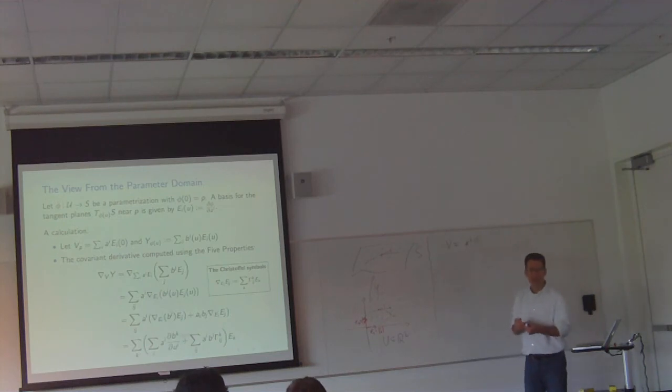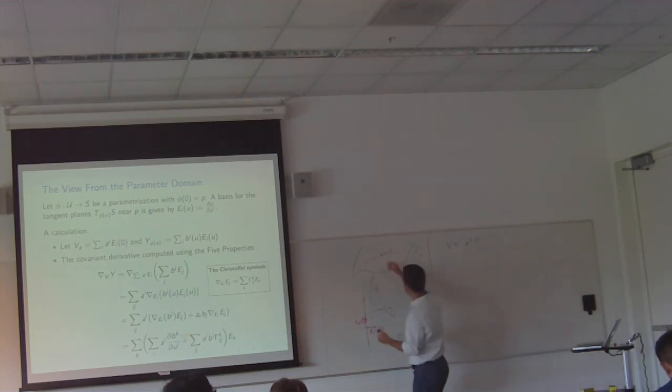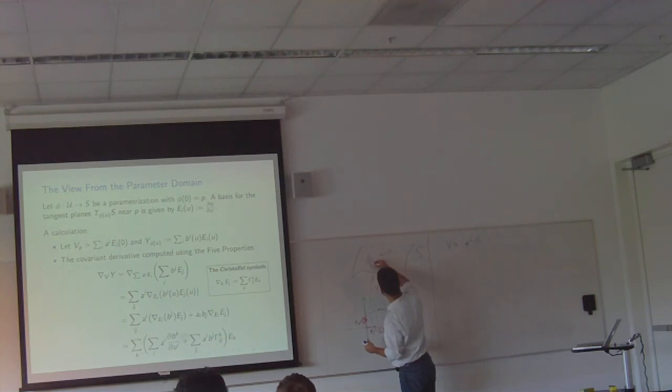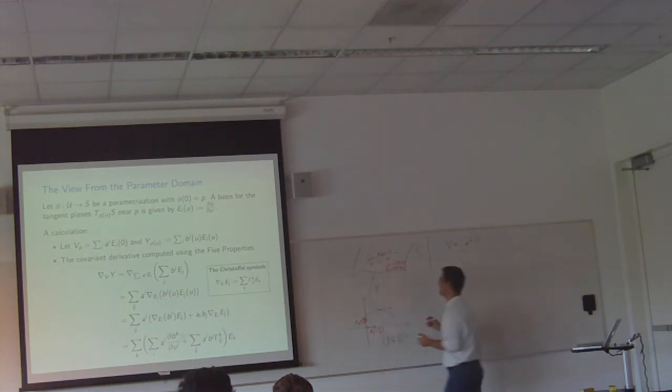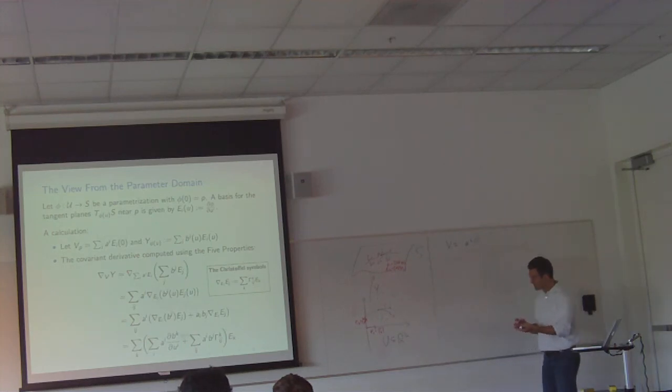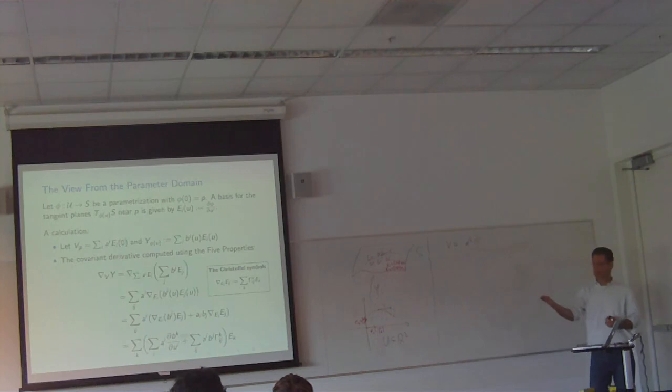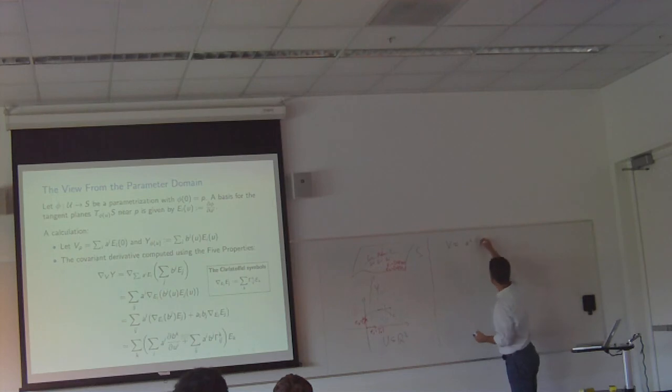These are the standard basis vectors in the parameterization, and they get pushed forward to a basis at every point. So the basis is E1, which is the differential of the parameterization acting on E1, and E2, which is the differential of the parameterization acting on E2. So a parameterization gives me a basis. And what I can do is write the vectors in terms of that basis.